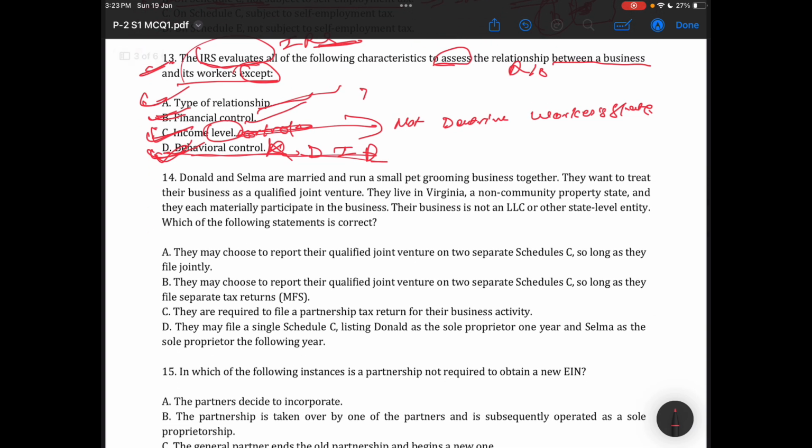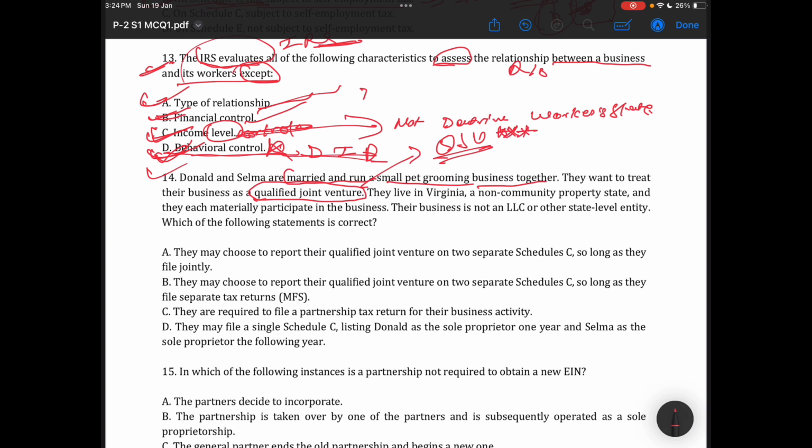The next question is: Donald and Selman are married and run a small pet grooming business together. They want to treat their business as a qualified joint venture. It's a very important concept. QJV. If you are going to appear in the exam, please mark it.